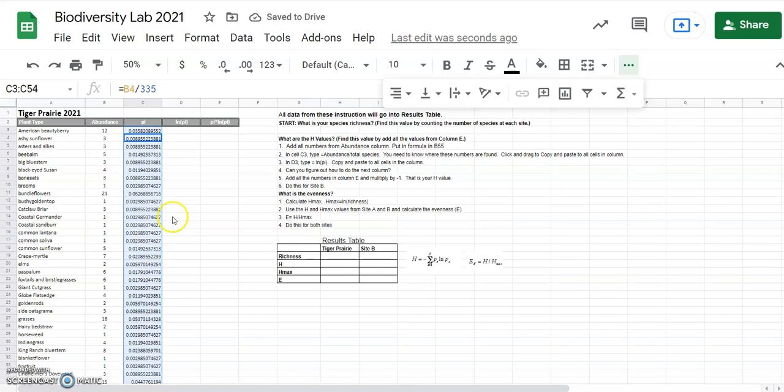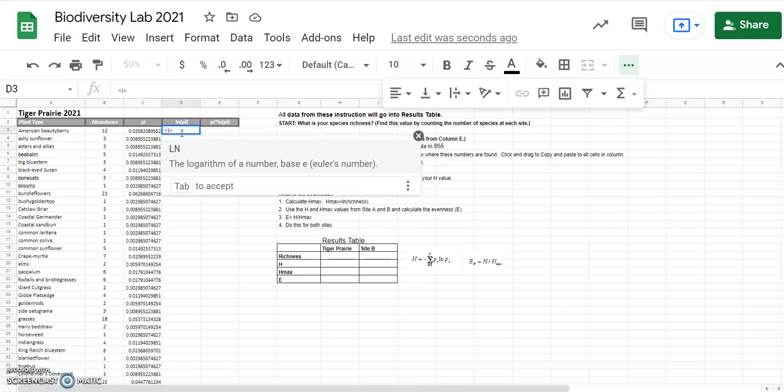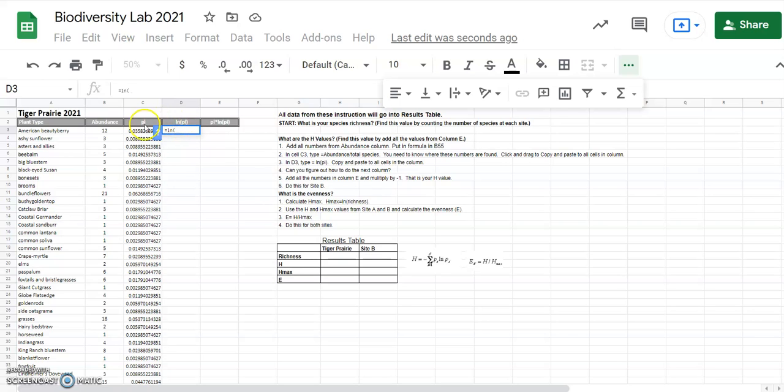All right. Now what we want to do is just take the natural log of this. Sheets will know exactly what to do. We're going to put equal ln, exactly what we see, parenthesis, this one, which is this cell, close parenthesis, enter.